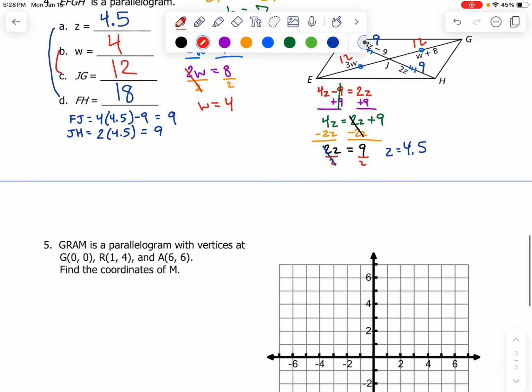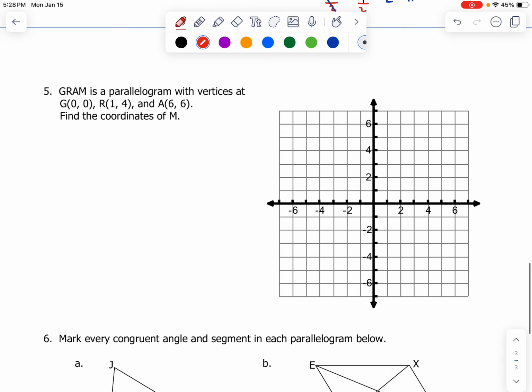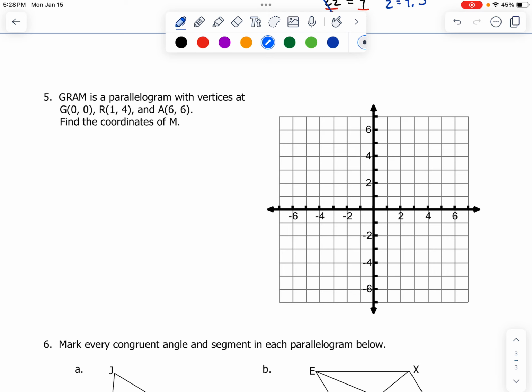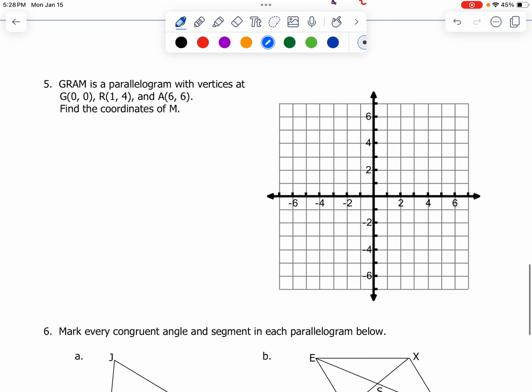All right, now we've done lots and lots of work on the coordinate plane. So take a second and just plot those 3 points, GRAM for gram. But we only have 3 of the points. Now one thing is, when we give you the name, it says GRAM.